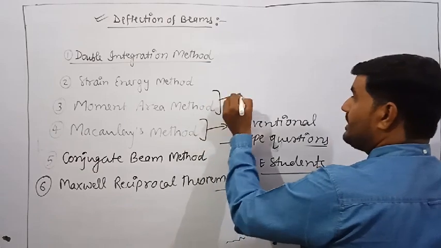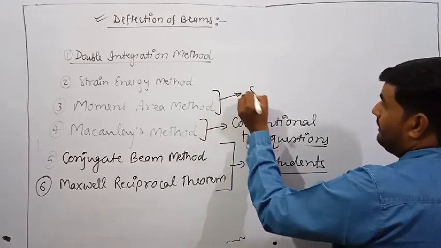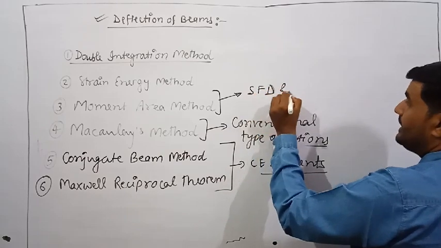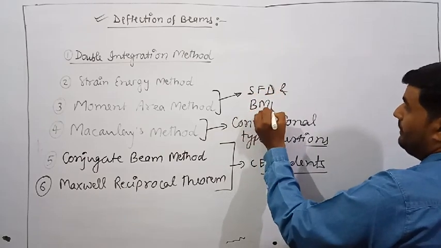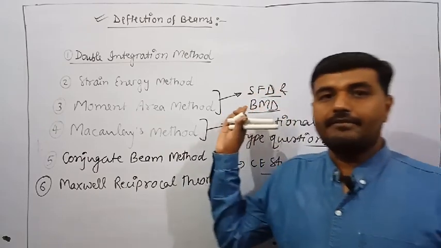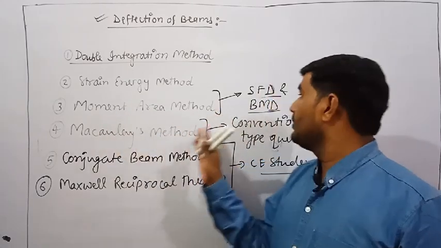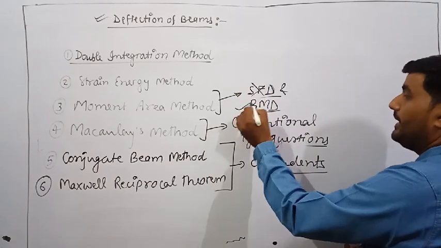This method is very simple, but we need detailed knowledge about SFD and BMD. Without knowing the SFD and BMD, we can't apply the moment area method, because we have to draw the BMD.